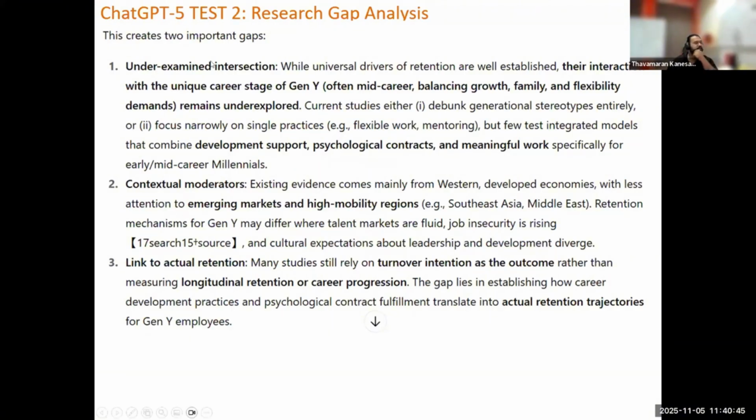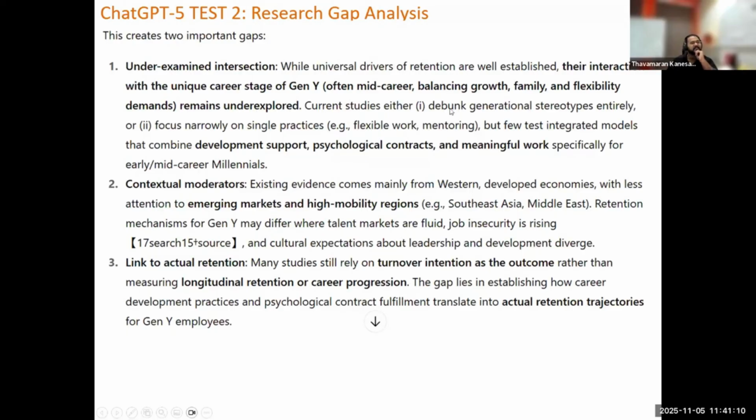Let me finish this. Under examine intersection, this is the first research gap. This is the second research gap given. Then this is the summary. So, under examine intersection, while universal drivers of retention are well established, their interaction with the unique career stage of Gen Y, often mid-career, balancing growth, family, and flexibility demands, remains underexplored.